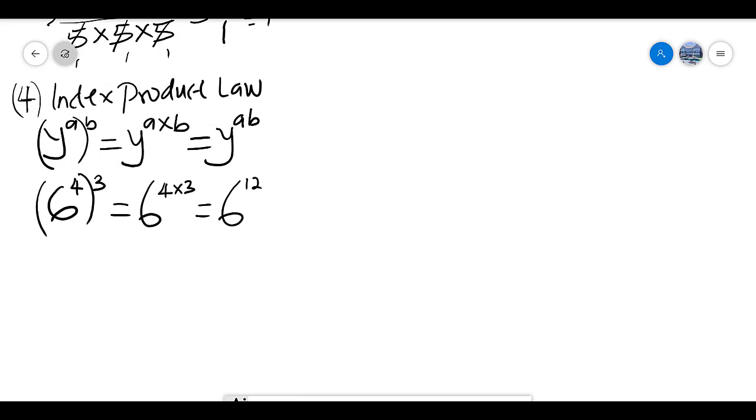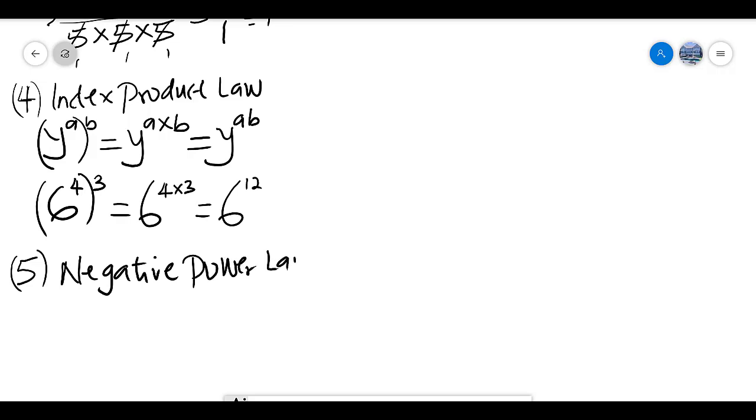All right. The next law is the negative power law. Okay.